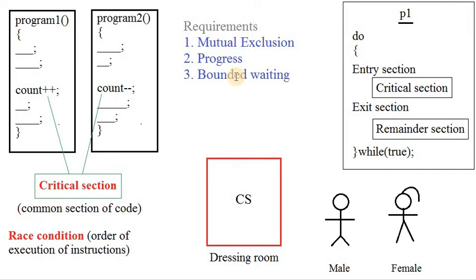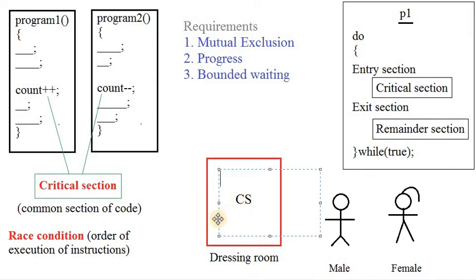Let us explain using a real world example first, so that we can easily understand these three requirements. Let us take a dressing room. In this dressing room, generally only one person is allowed at a time. In my concept, I am considering this dressing room as a critical section.